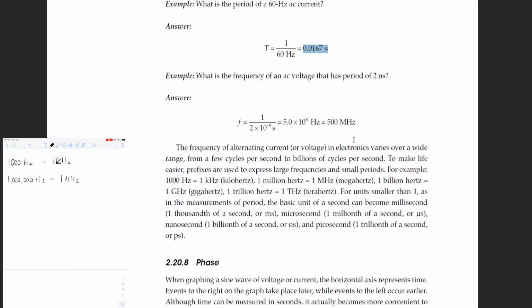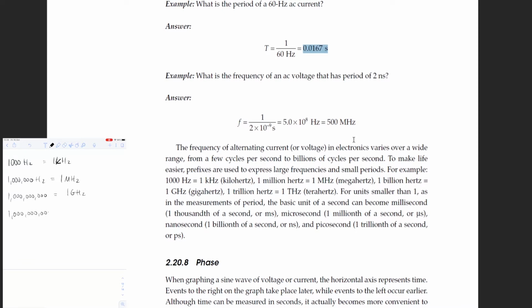A million hertz is equal to 1 megahertz. And a billion is equal to 1 gigahertz.